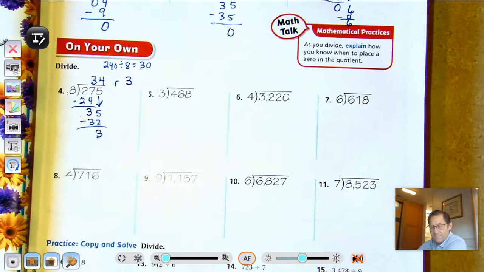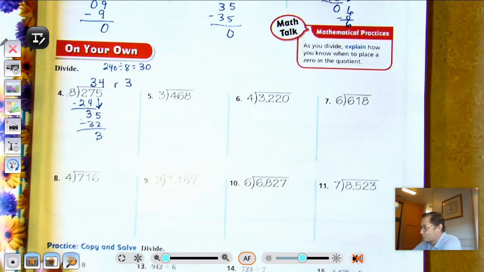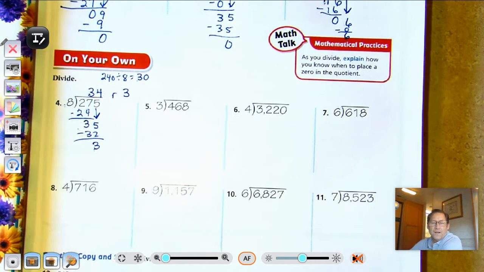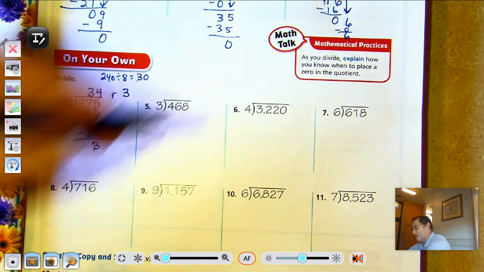All right, number 5. 468. So we need multiples of 3, correct? So 300, 600, 900, but 900 is way too big. I'm going to use 300.